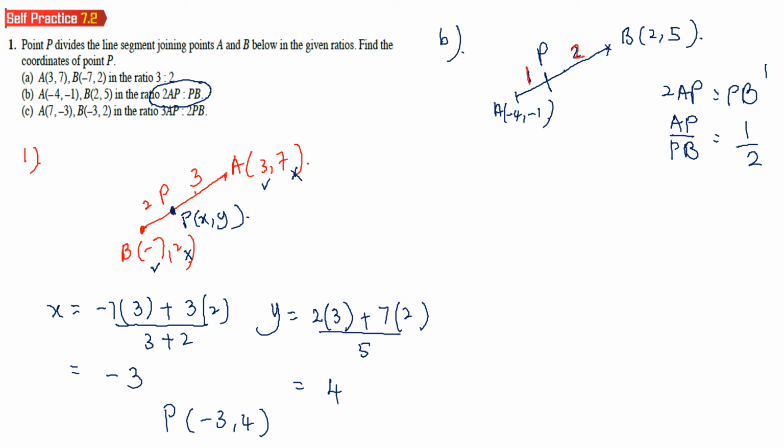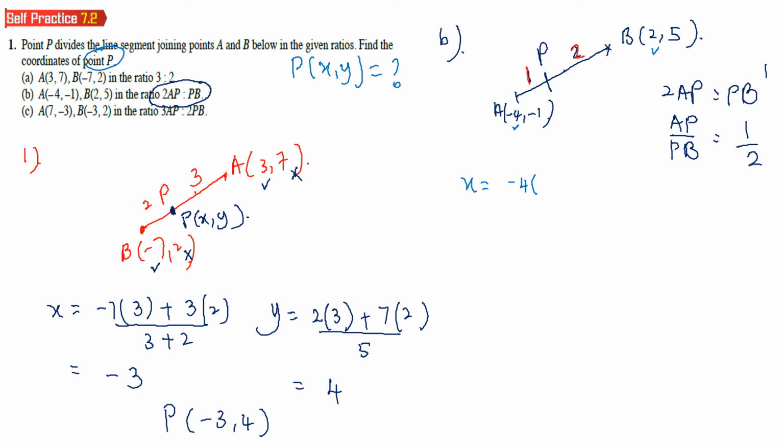Now we find the coordinates of P, because the question said find the coordinates of point P. So we start with X. The first X is here and the second X is here. Negative 4 is our first X, multiply with the opposite ratio.